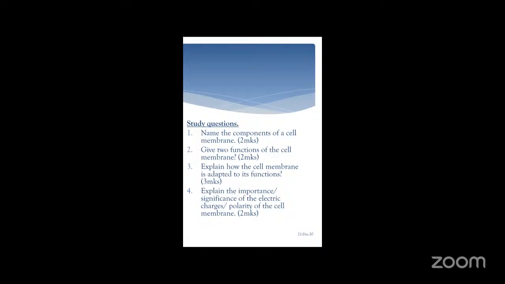So number three, the question is, explain how the cell membrane is adapted to its function. In short, this question is asking you to explain the features of a cell membrane, because an adaptation is possession of a certain feature which will enhance the way a cell membrane or an organism functions.